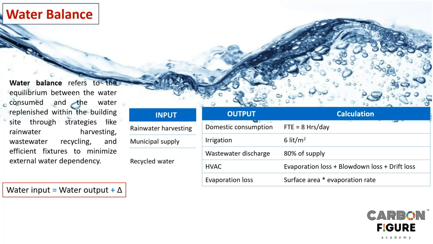So if you have 100 liters supplied, 80 liters goes as wastewater. For HVAC, we have a typical formula: evaporation loss plus blowdown loss plus drift loss.